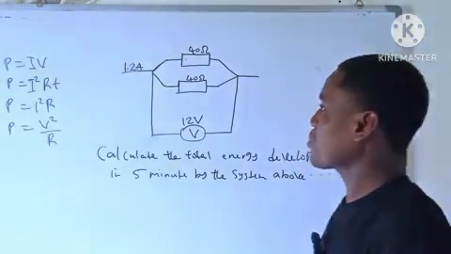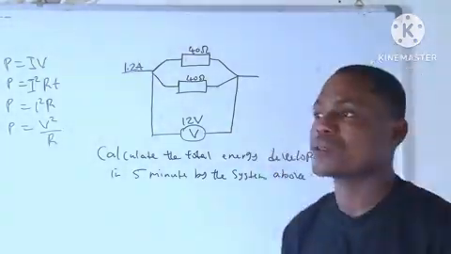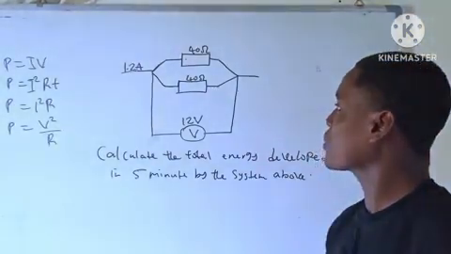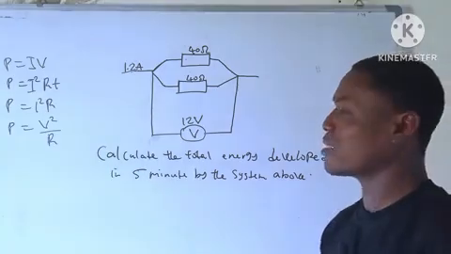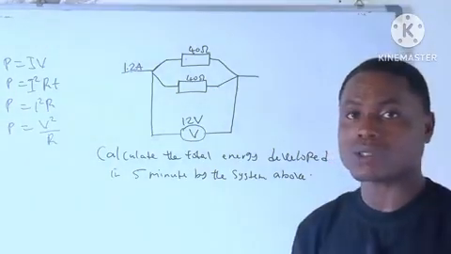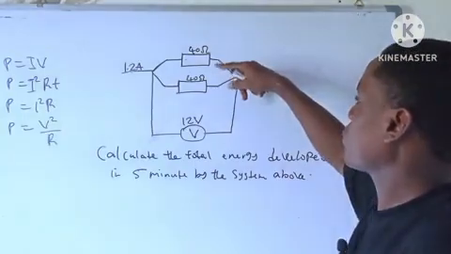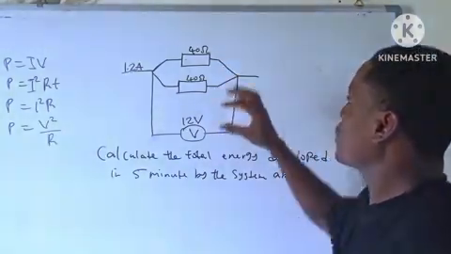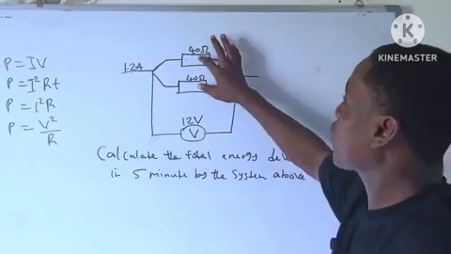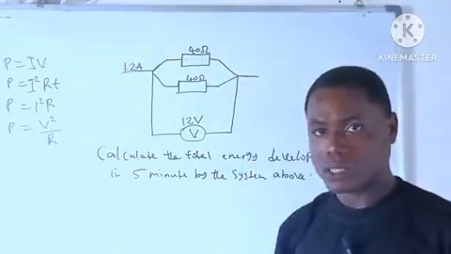Now look at this particular one. Some students will say, "Oh, this question is strong." It's very easy, so don't be confused. You see that these two resistors are connected in parallel, isn't it?